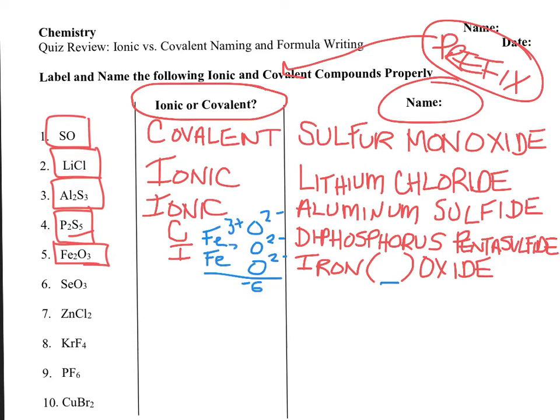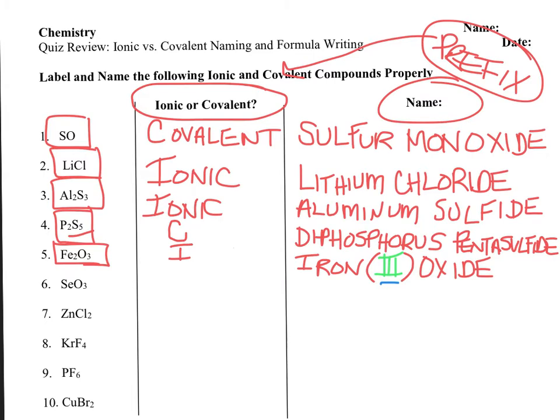Well, they both have to be +3 to give us a +6 so that the positive and negative cancel out. So if that's the case, we must have a positive 3 charge on iron, and that's why we would say it's iron 3. All right? So that's how we figure out what is the Roman numeral. You just break down the formula and figure out what the charge must be.